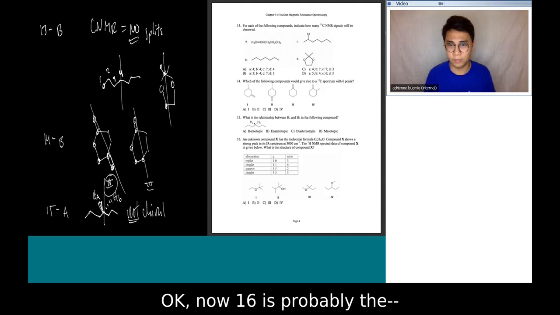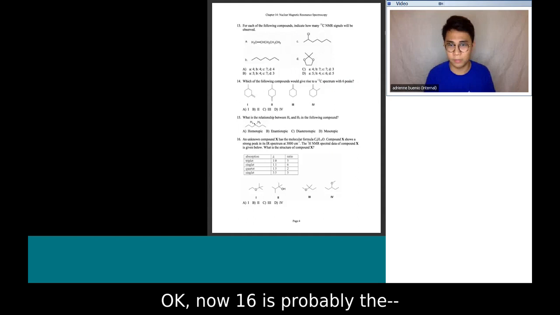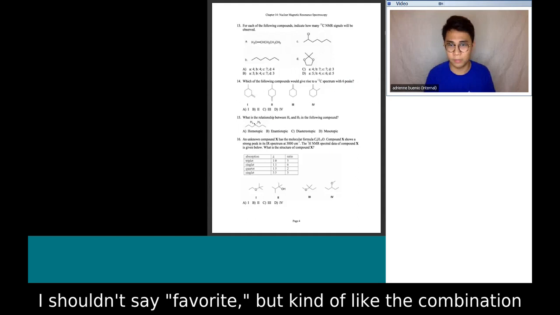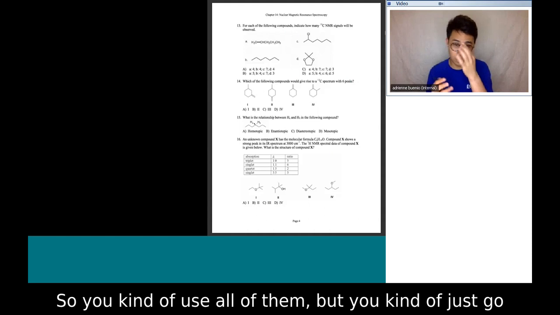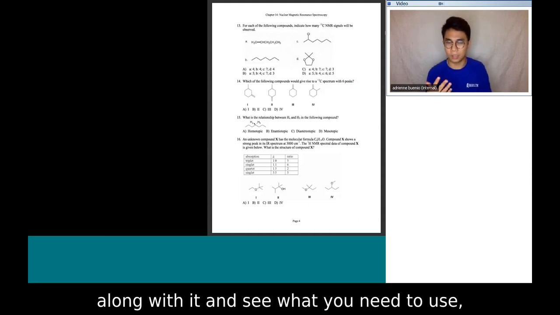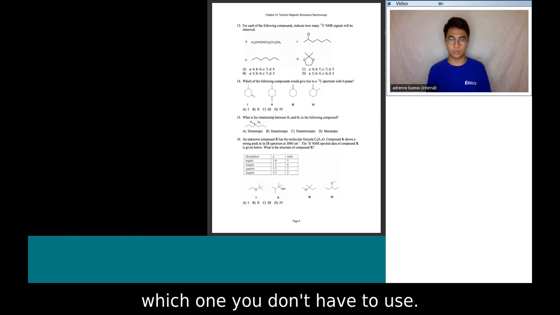Now 16 is probably the favorite. I shouldn't say favorite, but it's kind of the combination of chapters 13 and 14. So you kind of use all of them, but you just go along with it and see what you need to use, which one you don't have to use.